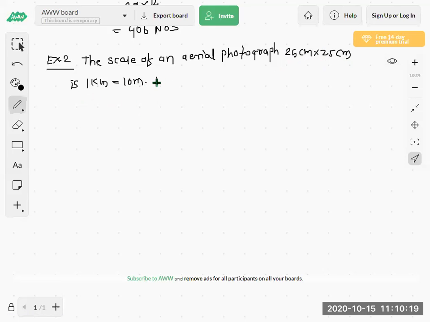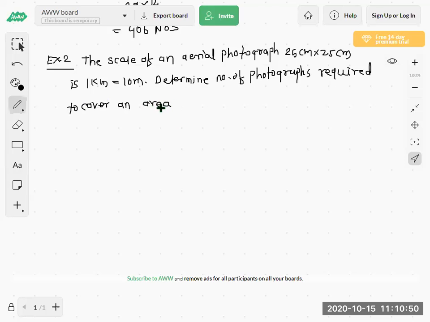Determine the number of photographs required to cover an area of 20 kilometer by 15 kilometer.